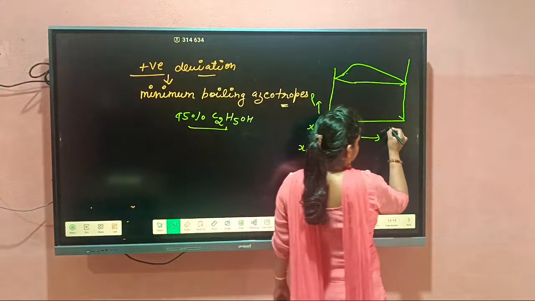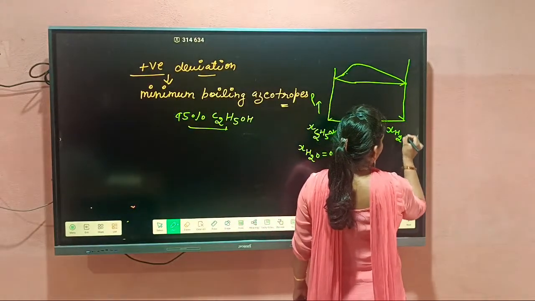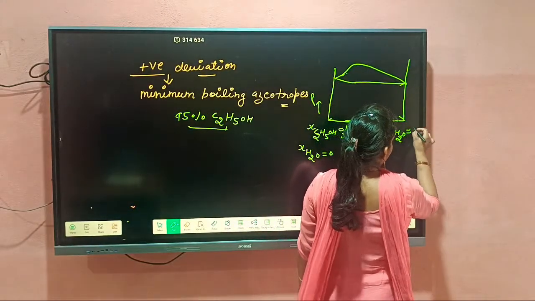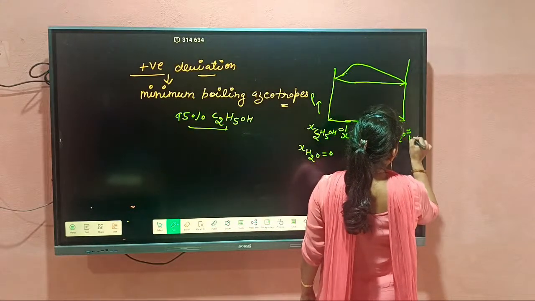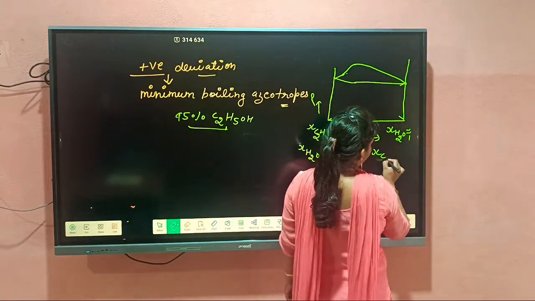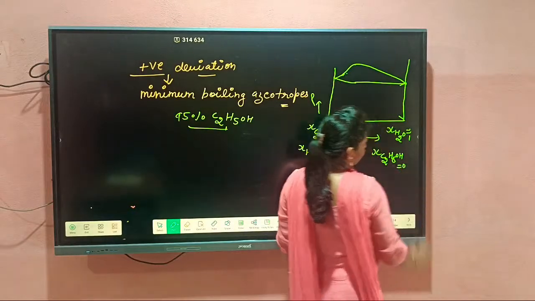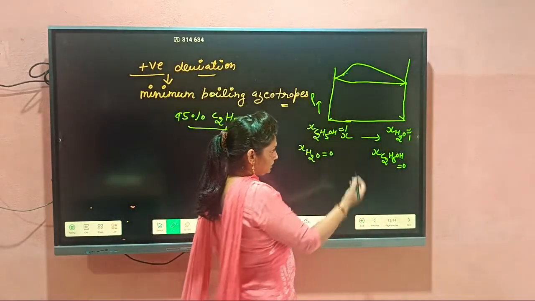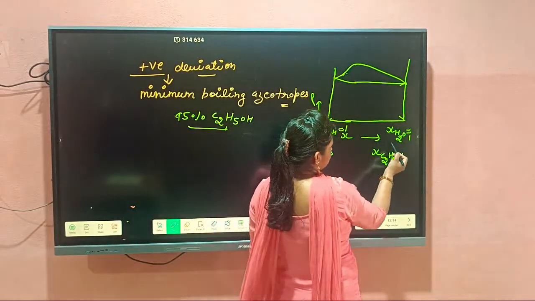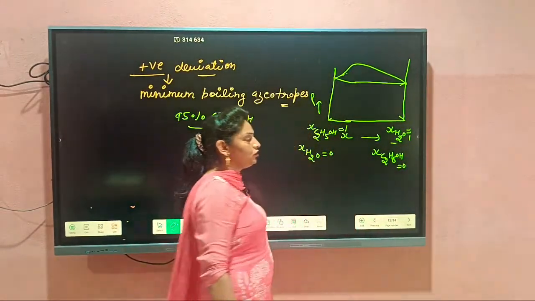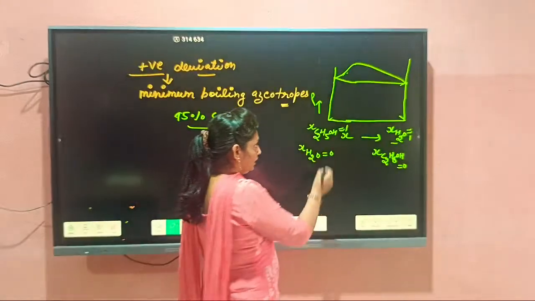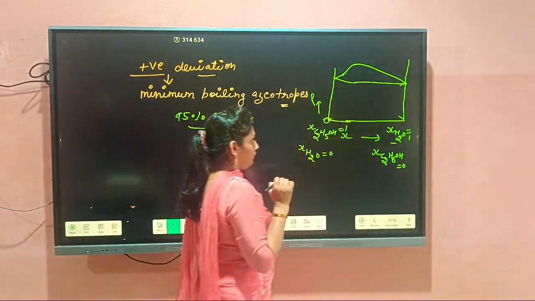And at this point, the mole fraction of water will increase and finally it is maximum, it is 1, and the mole fraction of ethanol becomes 0. So students, you can see here the mole fraction of water is going to increase from 0 to 1. So here we have maximum ethanol.